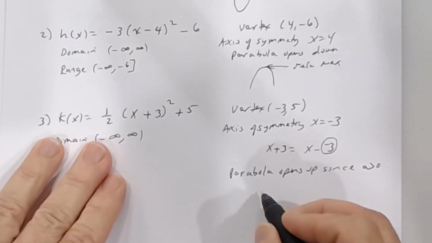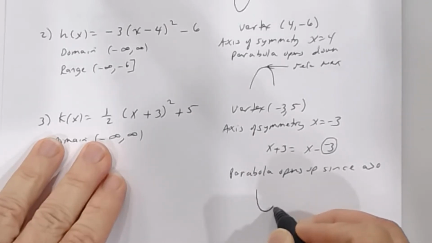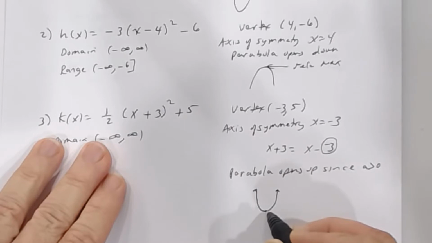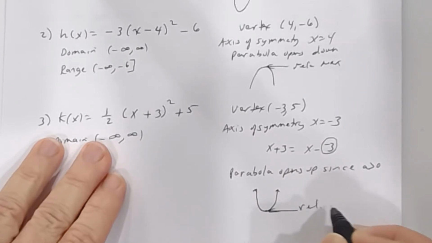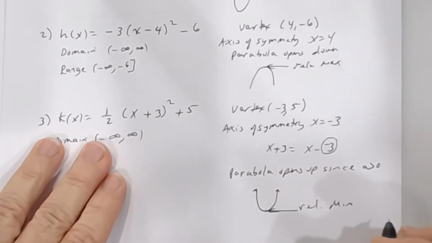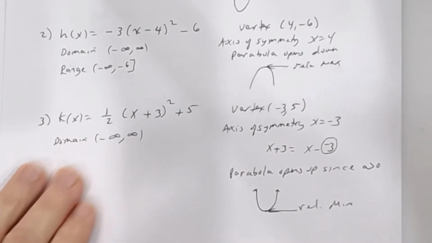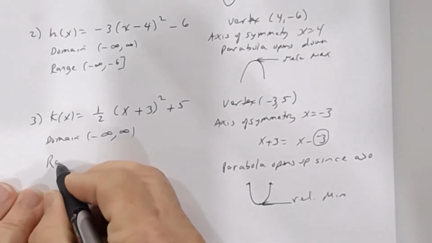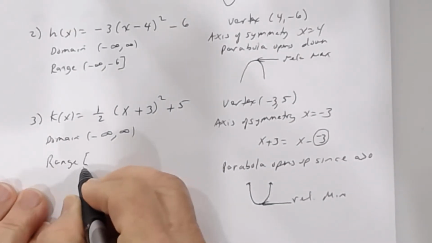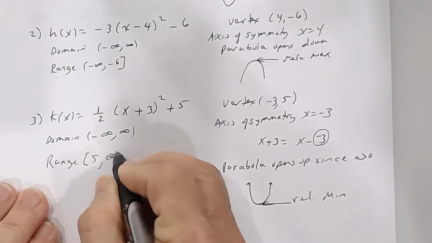So in my mind, I have something that looks like this. So this vertex right here is a relative min. So that's going to be my smallest y value. So I'm going to go from that all the way to infinity. So what's the range? Bracket 5 to infinity.